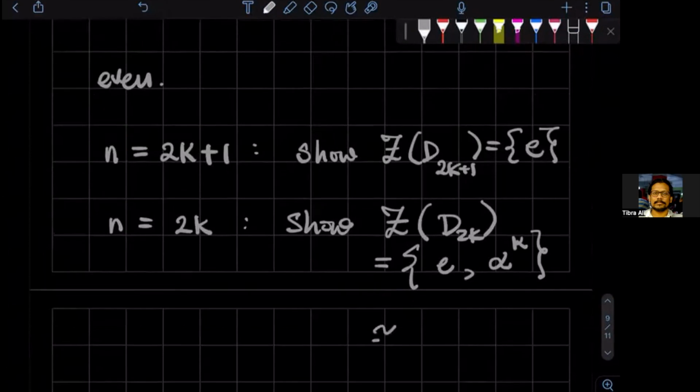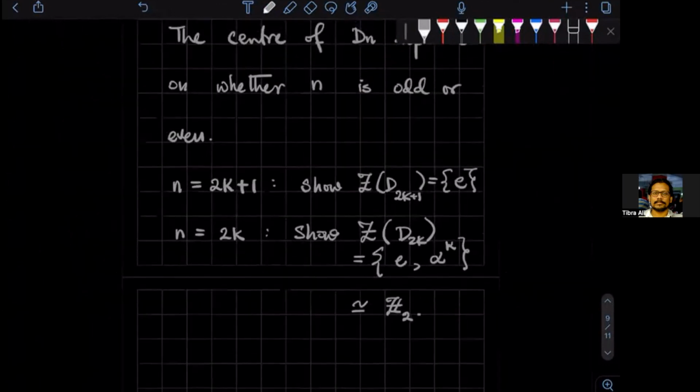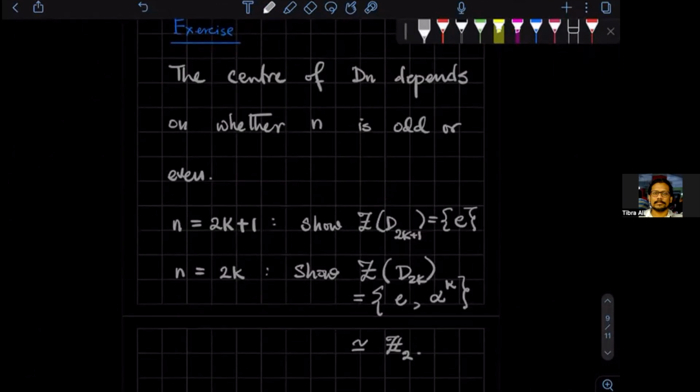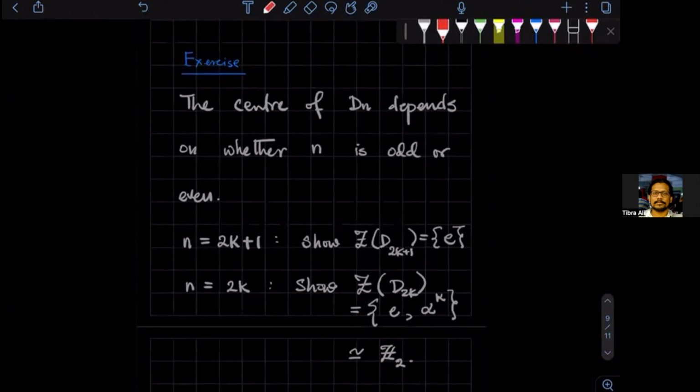And that this is actually nothing but the Z2 group. Okay, so this is an interesting exercise, and let me just box it up. My box is not working.